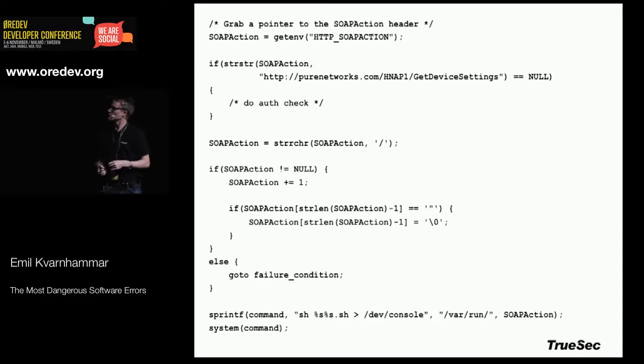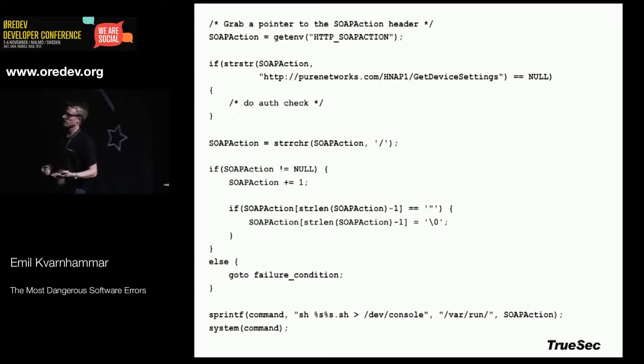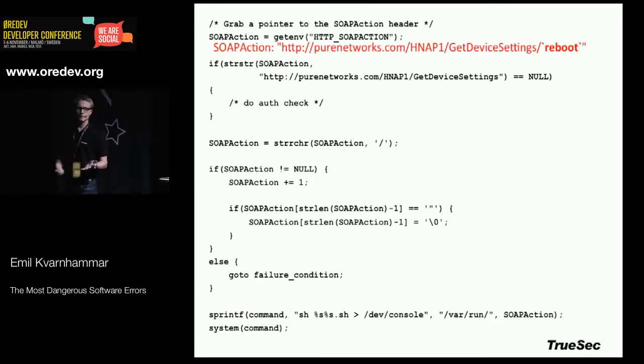And then it's going to continue for doing some other reformatting. And finally, it's going to end up in sprintf dynamically creating a shell command, which is going to be executed using the system function. So a good input from an attacker would be just to inject this get device settings string to make sure that we don't have to authenticate.